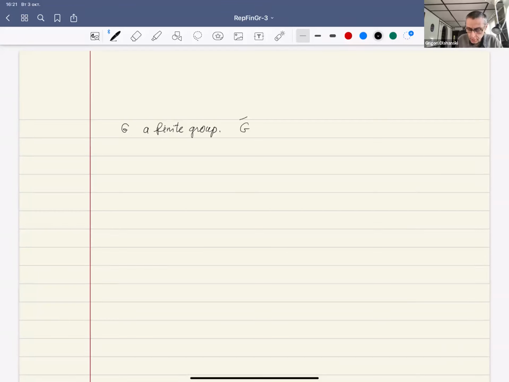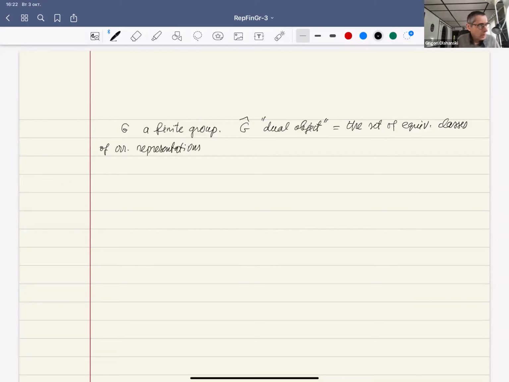And G hat is what is called the dual object, which means that this is the set of equivalence classes of irreducible representations. And this is a finite set, as will be seen from the theorem that I will recall in a minute.